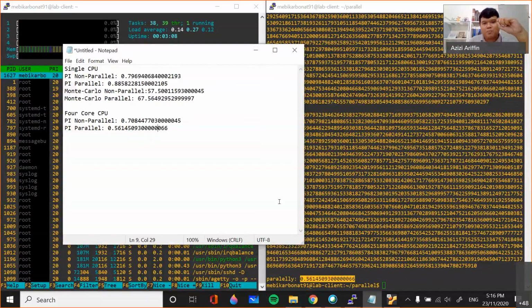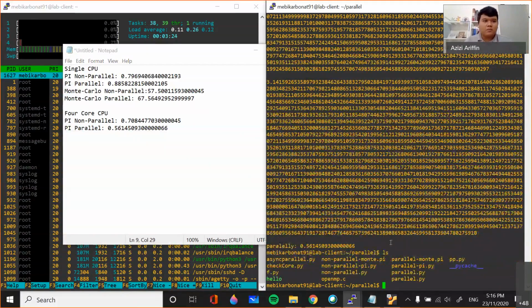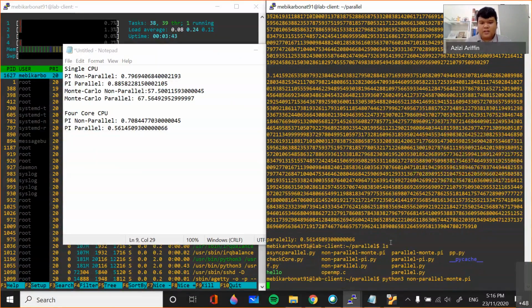Okay, tapi yang betul push the limit is Monte Carlo tu. Memang selalunya Monte Carlo method ni orang akan gunakan untuk testkan calculation untuk CPU. Jom kita try non-parallel dulu. Non-parallel Monte. Okay, kita run.